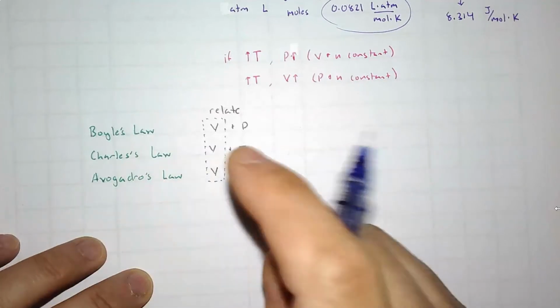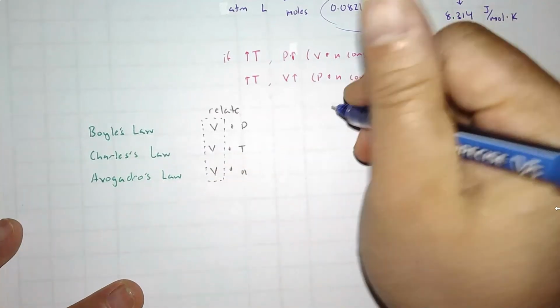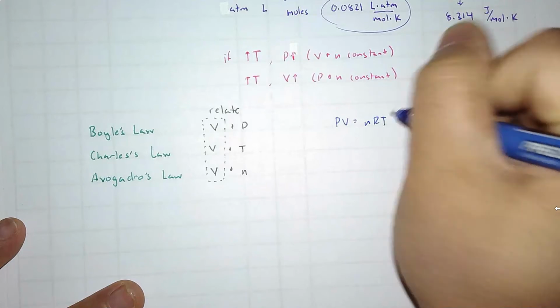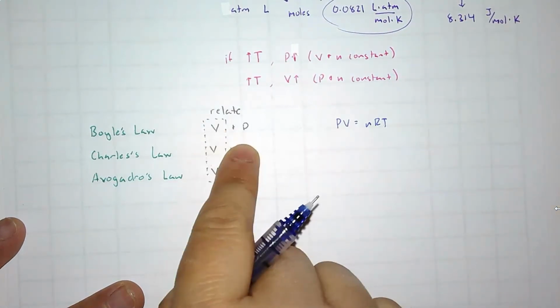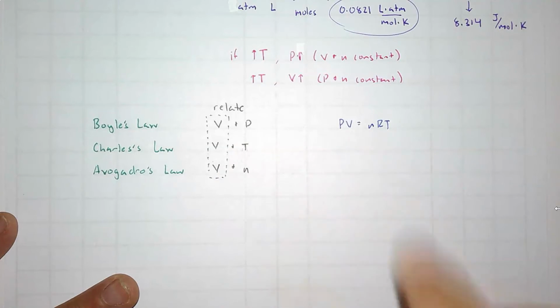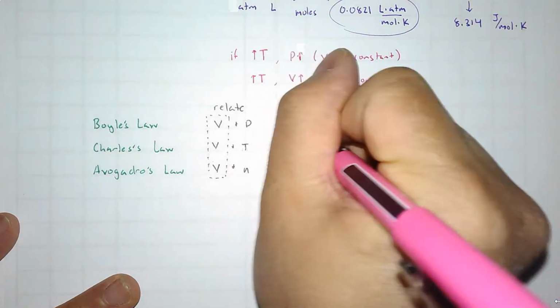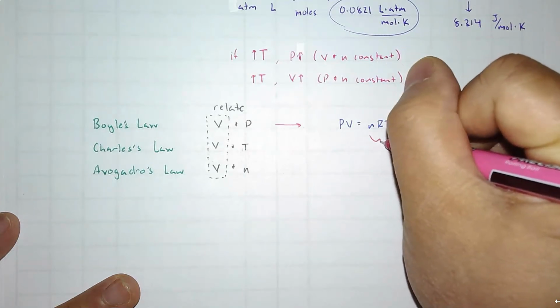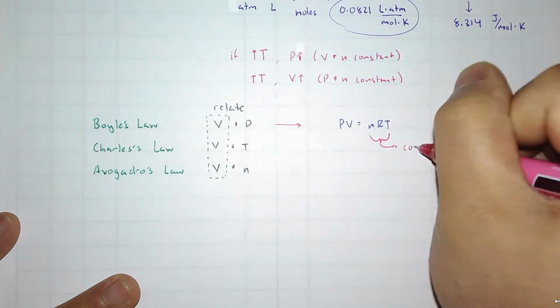So let's start with Boyle's law. You start with PV equals nRT, and if you want to relate volume and pressure, you put all the variables on the left and all the constants on the right. So you notice that for Boyle's law, these are all constants.